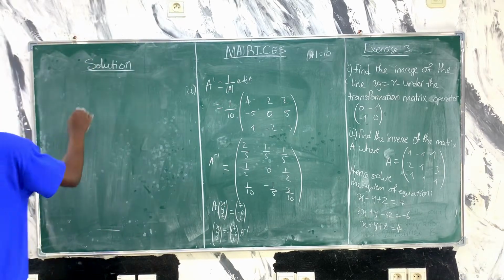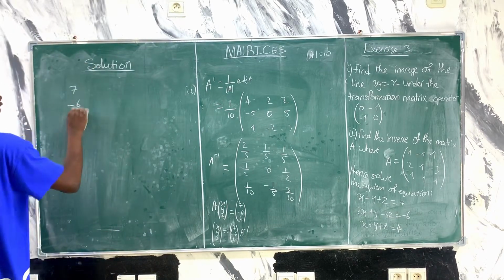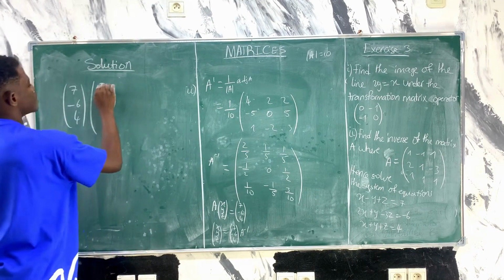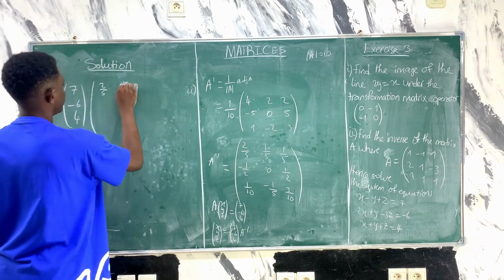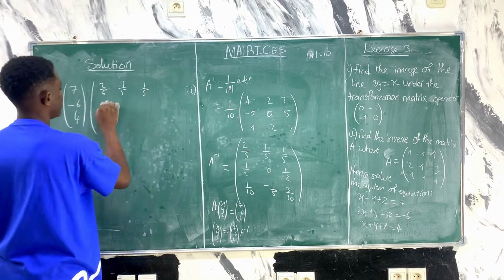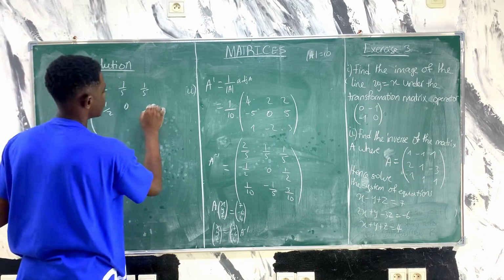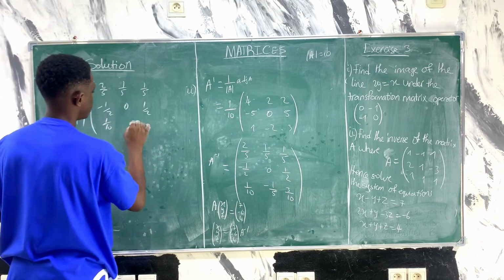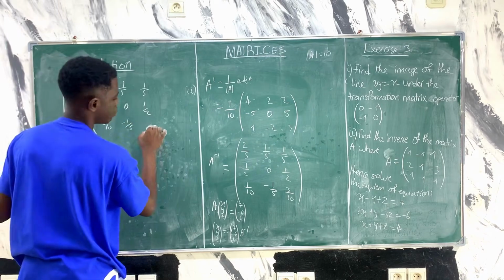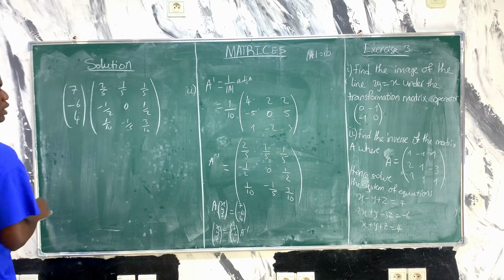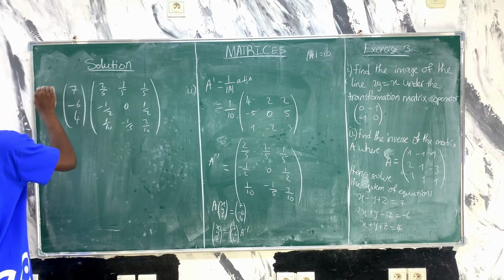I'll put 7, minus 6, 4, and I put my A inverse: 2 on 5, 1 on 5, 1 on 5, minus half, 0, half, 1 on 10, minus 1 on 5, 3 on 10.